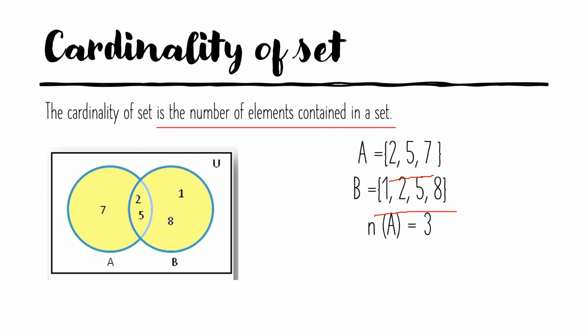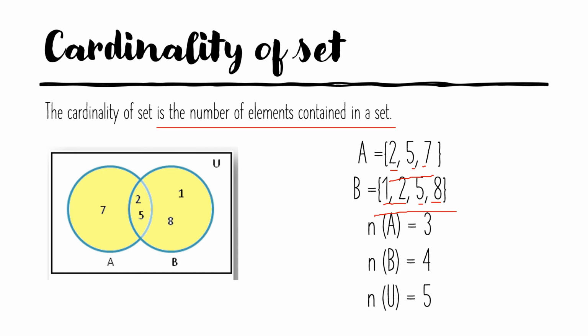To get the cardinality of set A, all you have to do is count the number of elements. So we have 1, 2, and 3. So therefore, the cardinality of set A is equal to 3. And for the cardinality of set B, we count the elements 1, 2, 3, and 4. So therefore, the cardinality of set B is equal to 4.